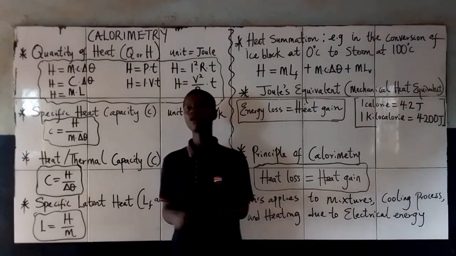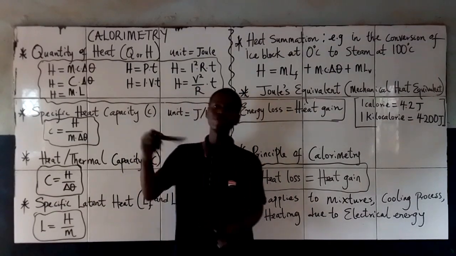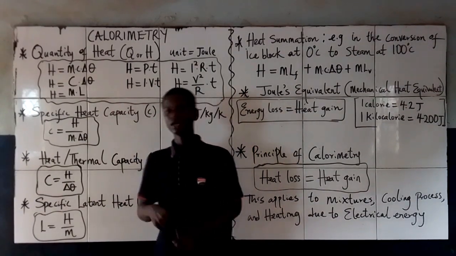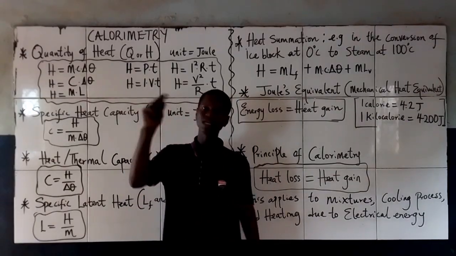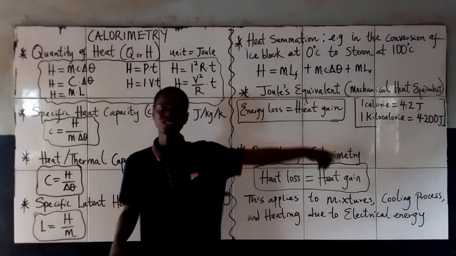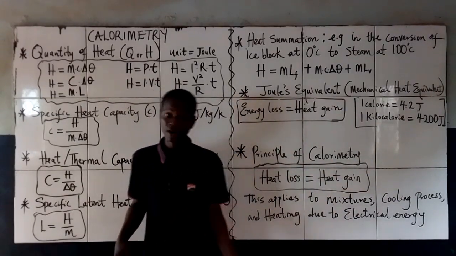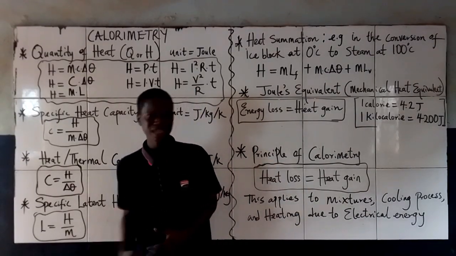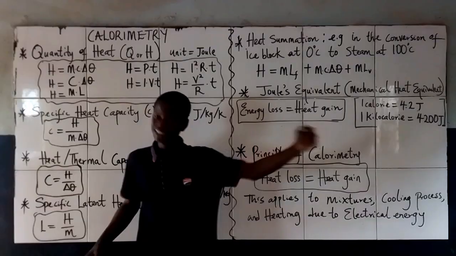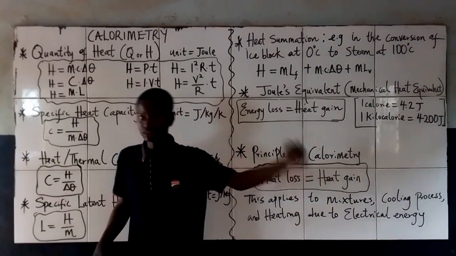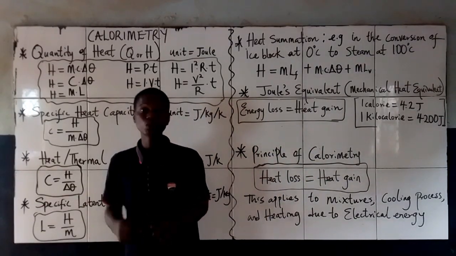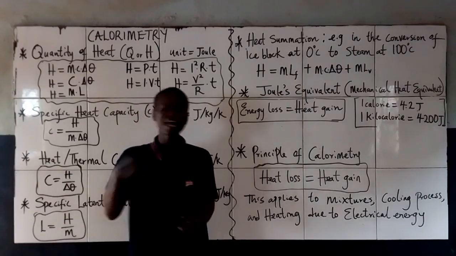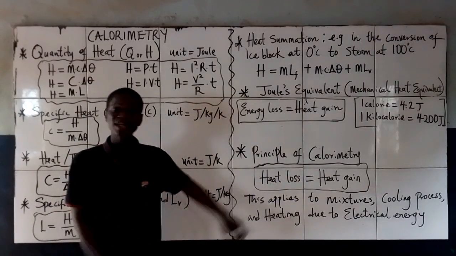And lastly, we have what they call heating due to electrical energy. A typical example of this is your boiling ring, the electrical device you use to boil your water. Once you start heating up the electrical appliance by connecting it to a power supply, the electricity coming in from the power supply is converted to heat in the coil of the boiling ring, and that is then used to do what?